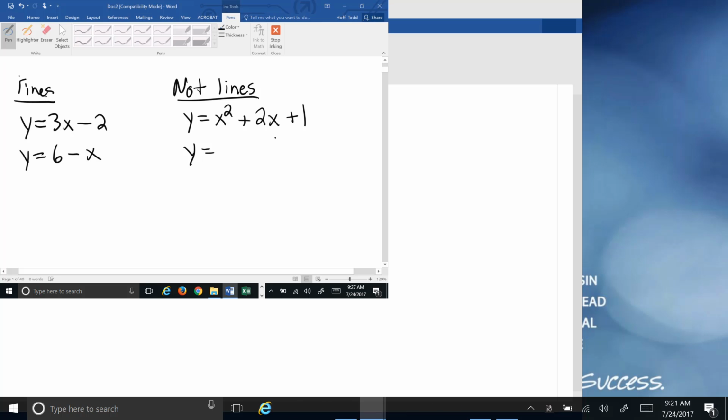Y equals the square root of x plus 6 was not a line.